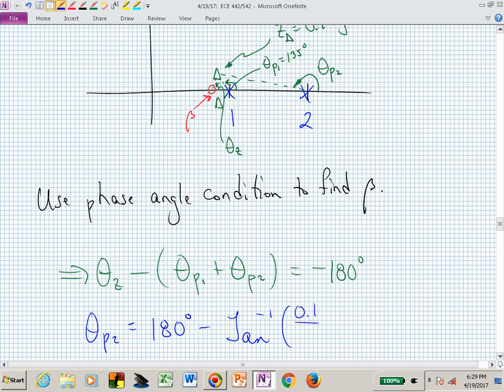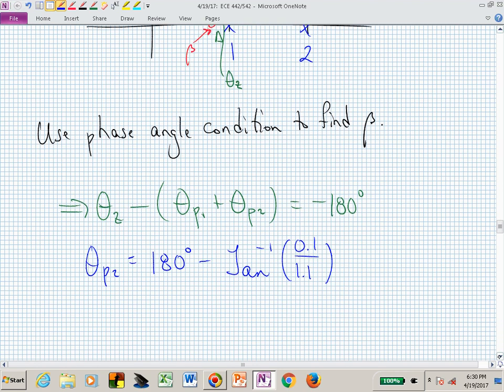It's 0.1. What's my horizontal? Now I need to move from, what is this for? Theta sub p. This is the pole at 2. I now am moving a distance of 1.1. Is it clear where that came from? That's usually easier to do than trying to find theta p2 directly.